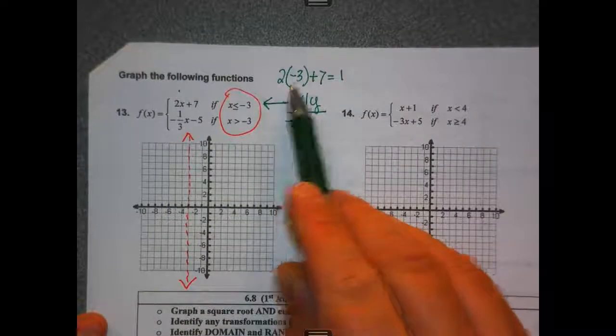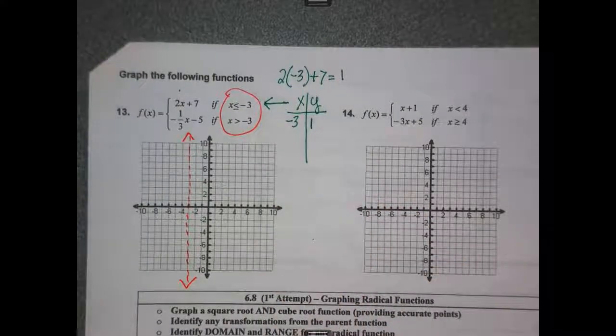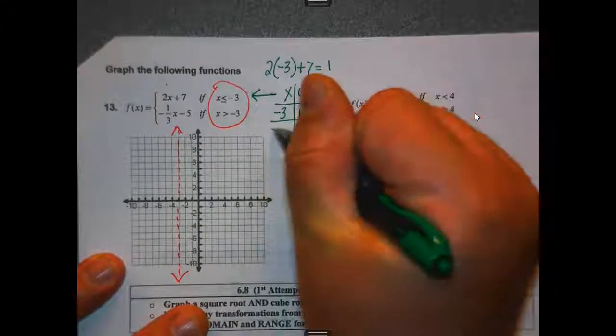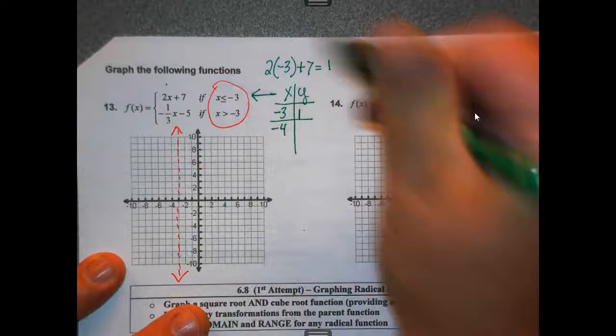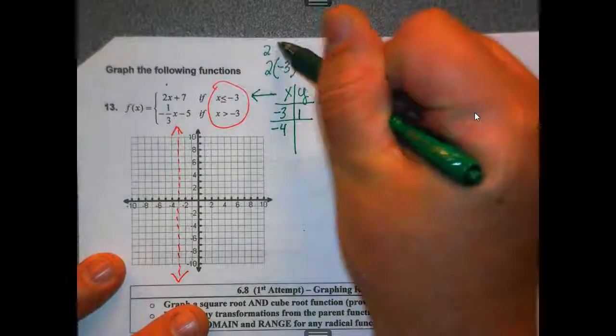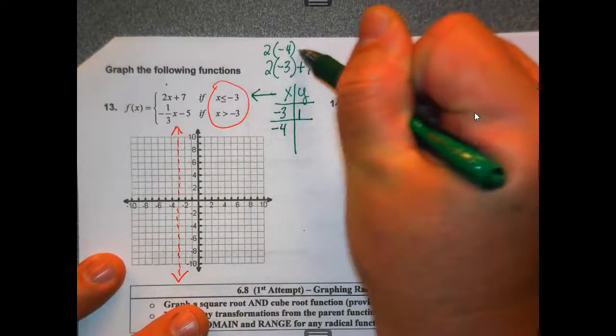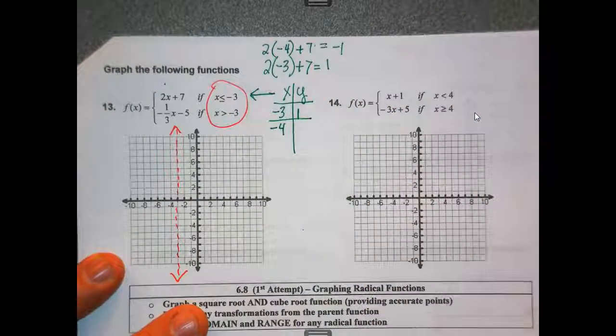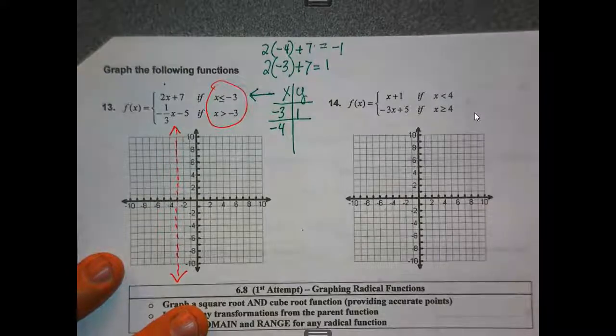I get negative 6 plus 7 is positive 1. The other piece has to be less than negative 3, so give me a number less than negative 3. Negative 4. Plug in negative 4 for my x. So I have 2 times negative 4 plus 7. What do I get? Negative 1, right?